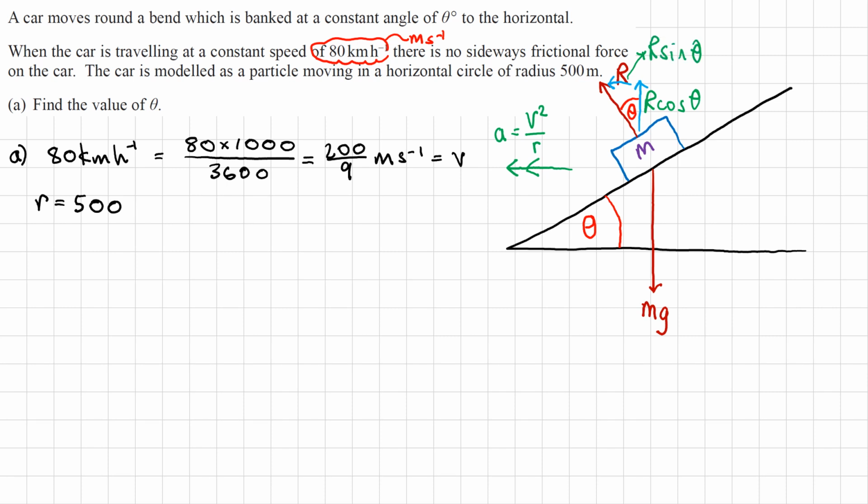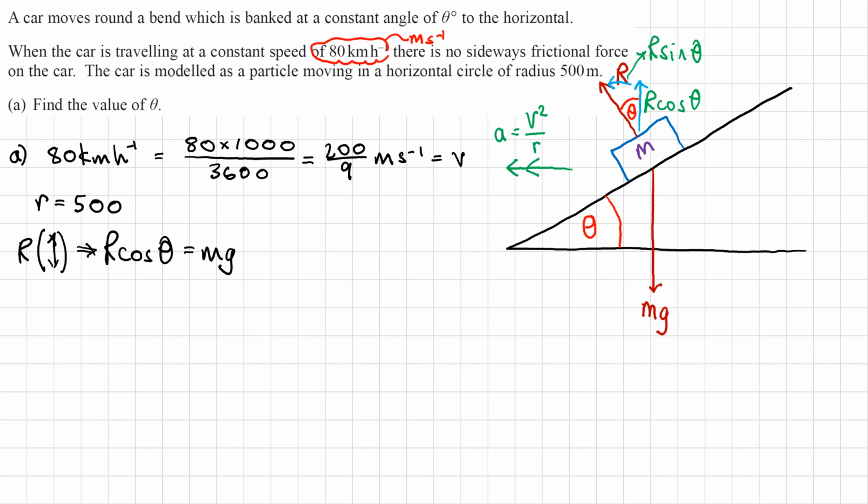So we'll start by resolving vertically. So if I do that, I will get R cos theta is equal to mg. This is my first equation.